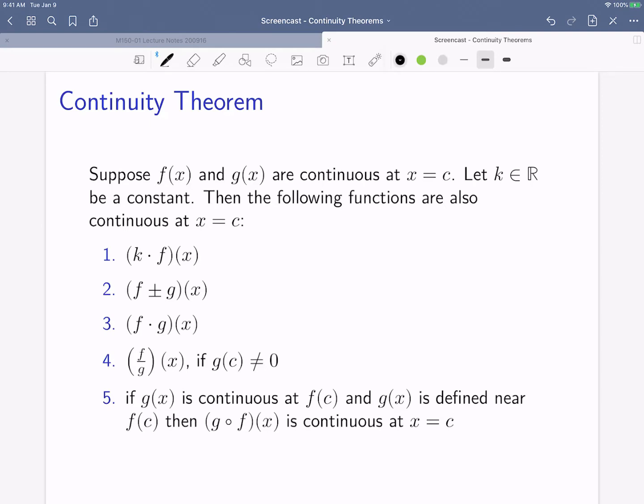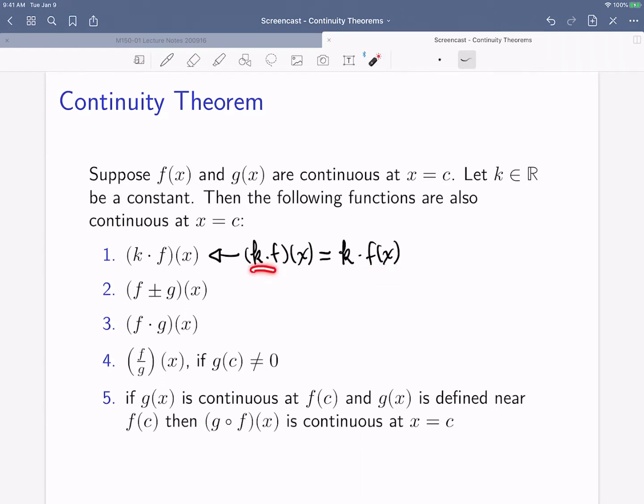let me just make sure that we're on the same page about some of the stuff that's happening here. When I define this function k times f, this is a brand new function, and unless k equals 1, this function is different from f. The way we define it is that we define all the outcomes in terms of the outcomes of f.